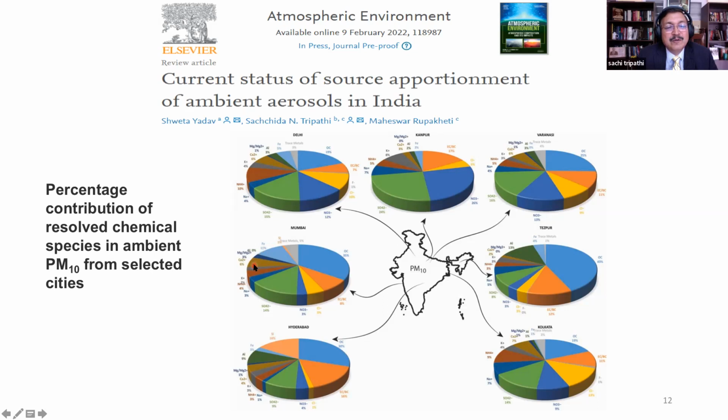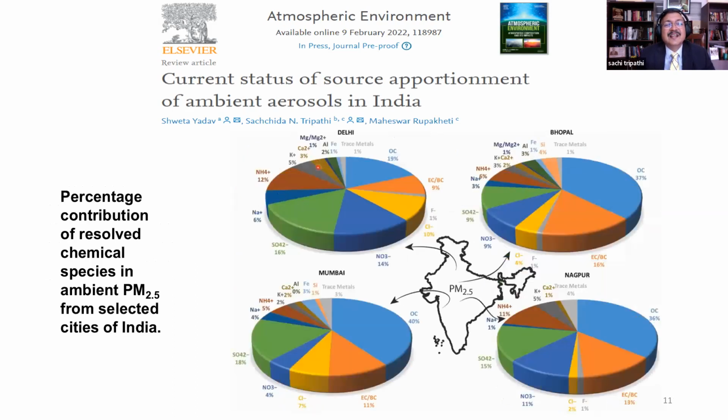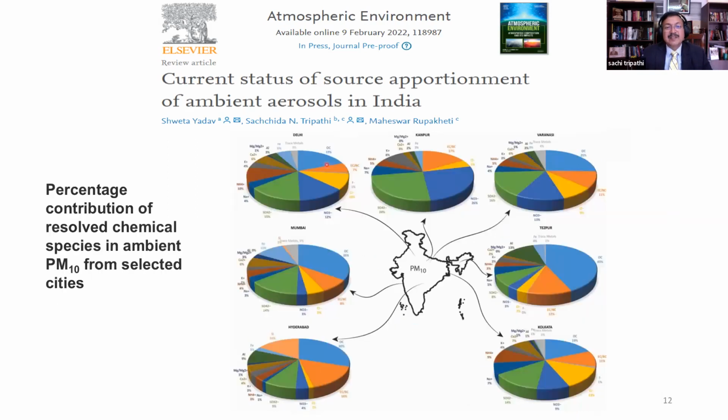It has gone up from 6 to 12, 13% for all these places. Look at calcium, about 3, 4% or 6% here, compared to the previous one where they are just 2 to 3%. So altogether, elemental contribution is probably 6 to 10% for PM2.5, whereas for PM10 it has gone to more than 10, and sometimes even up to 15%.